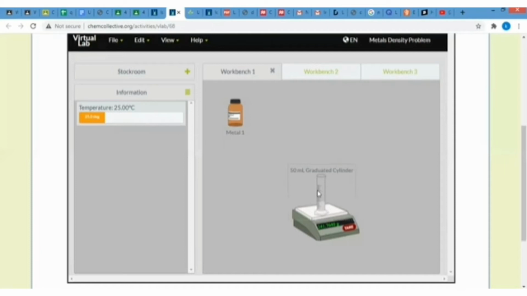Therefore, that is 169.137 over the 16 ml, which is the volume. This gives us a density of 10.57. And I do remember that silver has a density of 10.5 grams per cubic centimeter. Therefore, it is safe to say that metal number 1 is silver.